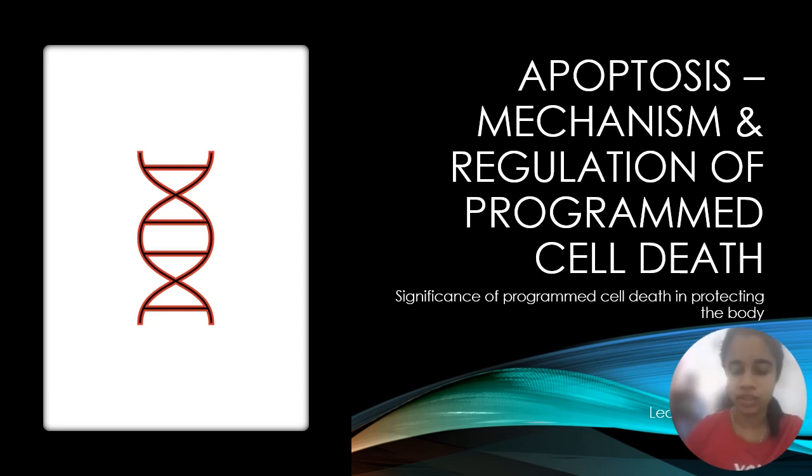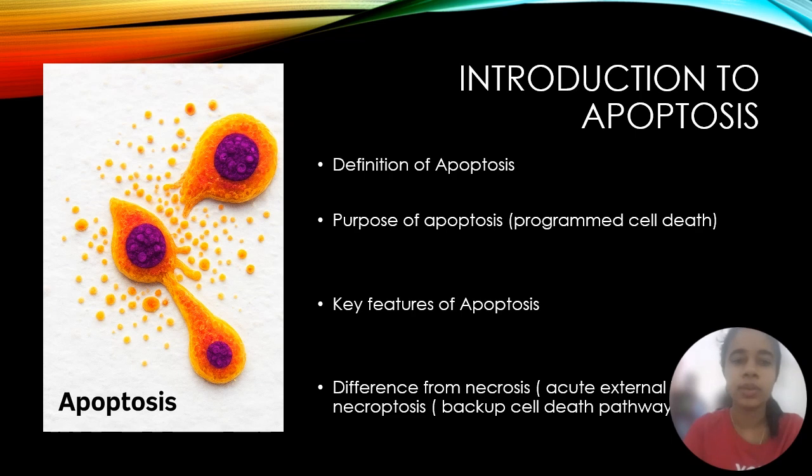So let's begin. First we have to know that most cell deaths in animals happen through programmed cell death. This is a carefully regulated process that decides the fate of individual cells in an organism as a whole. Programmed cell death is so important because it makes sure that anything unwanted or harmful, such as DNA damage or any kind of stress, is removed.